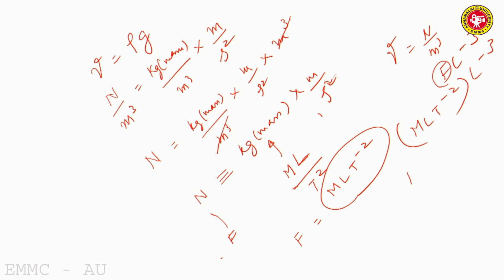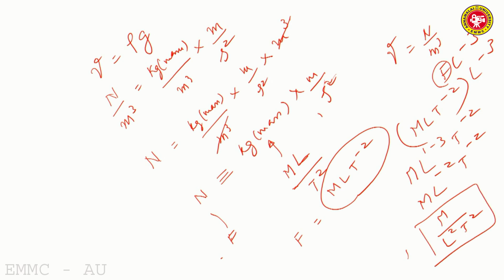So this becomes M into L power 1 minus 3, T power minus 2, so this becomes M L power minus 2 T power minus 2, or M divided by L square T square. So this is the dimension of specific weight in the MLT system.